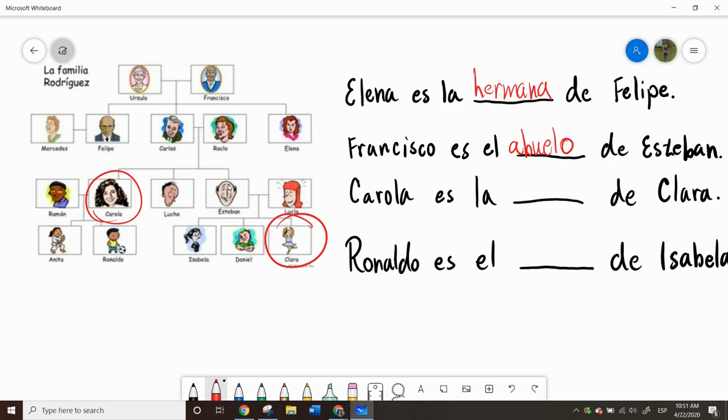And Esteban is Carola's brother. Okay, so we have Clara. She came from Esteban, and Esteban is the brother of Carola. So if Carola is your dad's sister, that means that she is your aunt. So Carola es la tía. La tía. Notice there's an accent on the I. All right, let's look at one more.